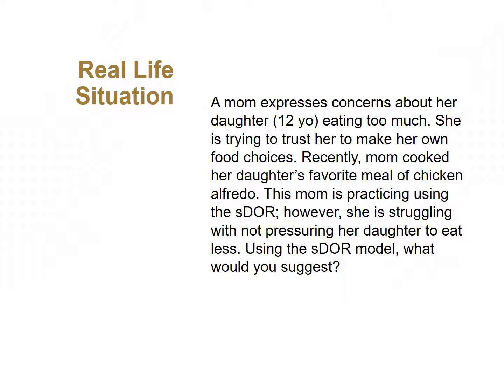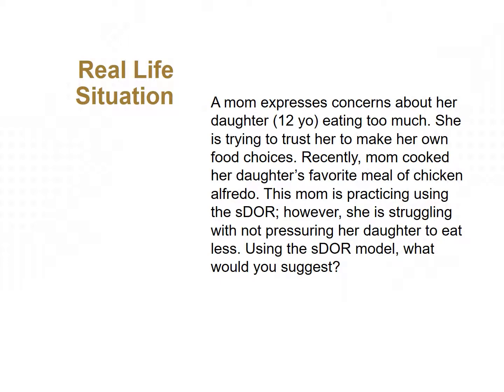So hopefully that gave you guys time to discuss it. Overall, what we would recommend is to reassure mom to continue practicing trusting her daughter to eat the amount she needs at the scheduled times. Trust the process and be patient. Her overeating will likely not change overnight. You can encourage mom to be aware of any subtle nonverbal cues that may feel like pressure.